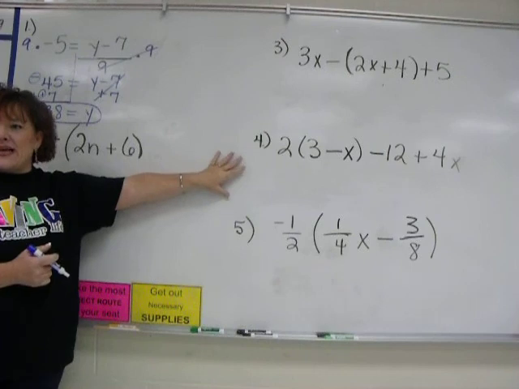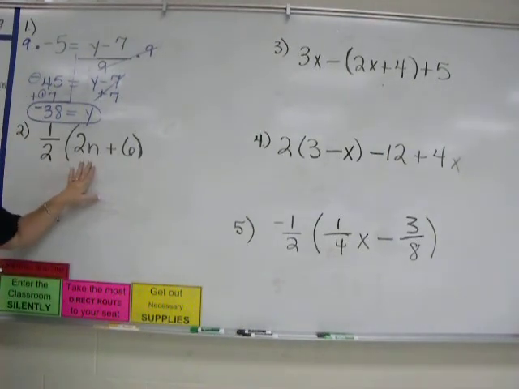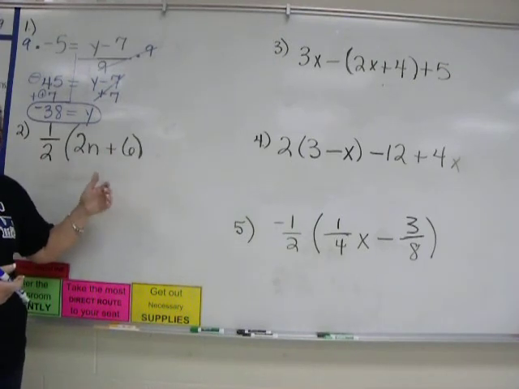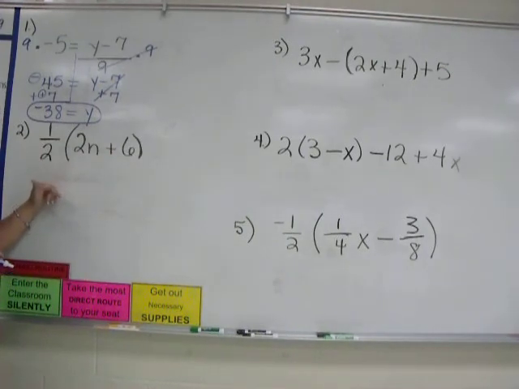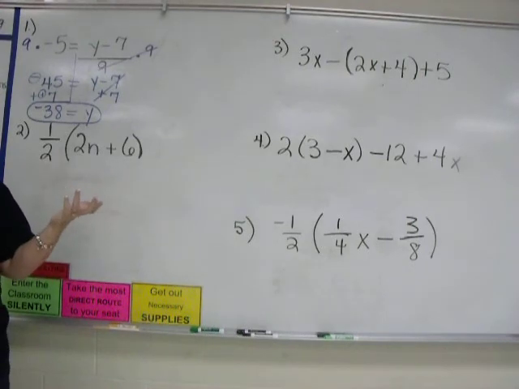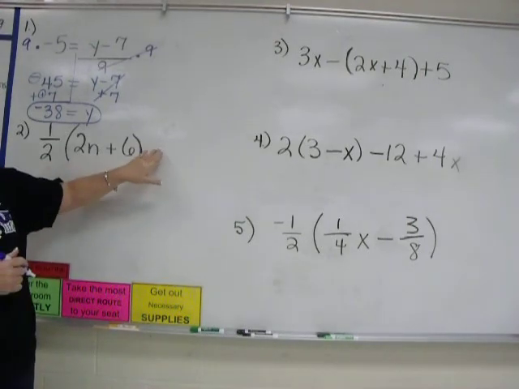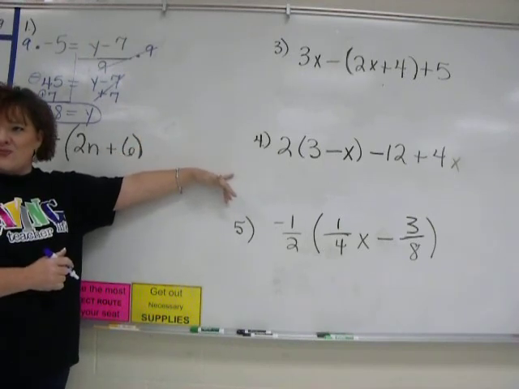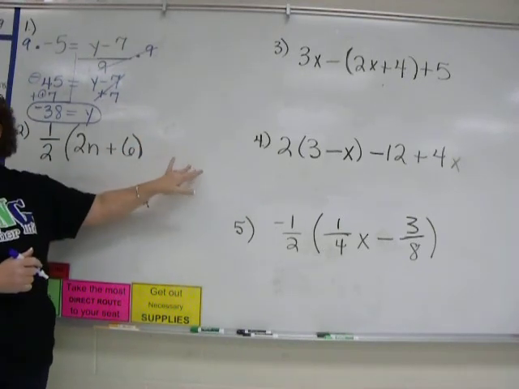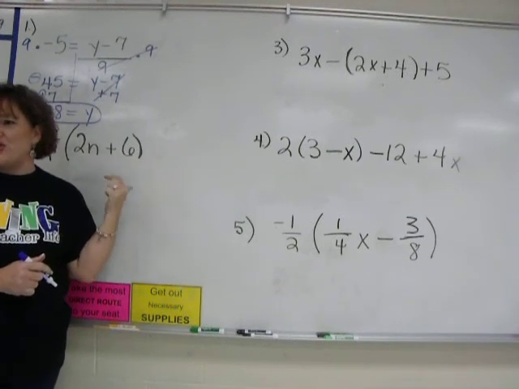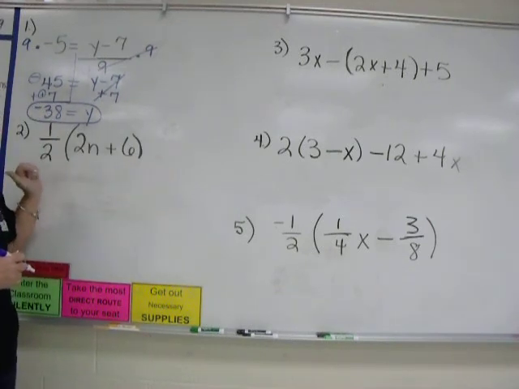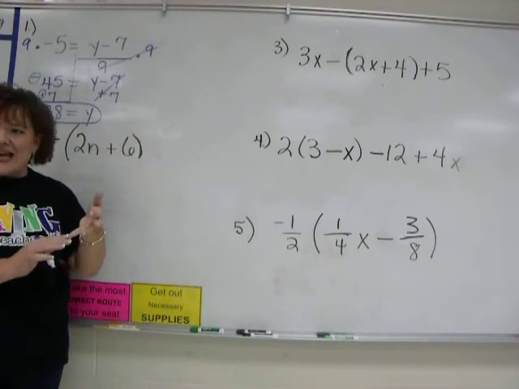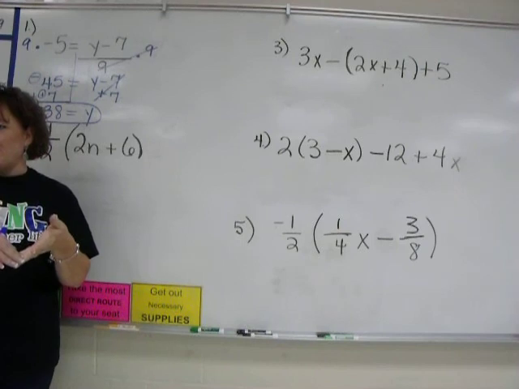If you knew what n was, then you could plug it into the variable n and solve for this, but you can't because it's not an equation. We don't know what the other side equals, and they haven't told us what n is. So now the only thing we can do is just to simplify. Your directions for the ones that look like this is just going to say simplify the expression.